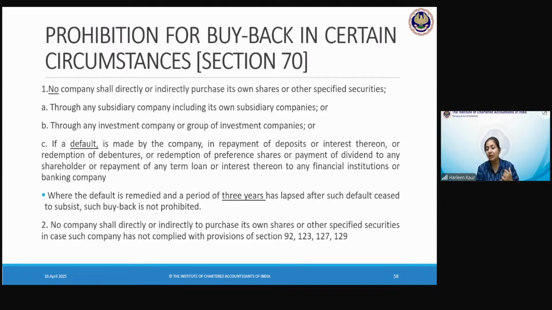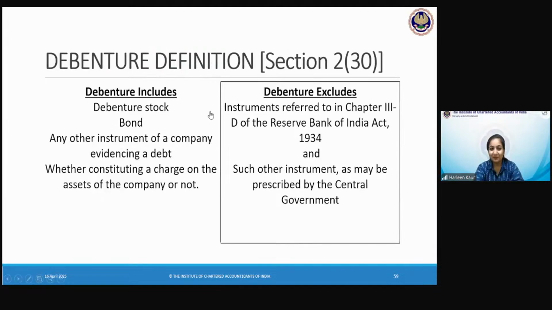So you have to make good the loss. First, you rectify your mistakes, and 3 years should have passed, then only you can do a buyback. And what is the third category? If you are a defaulter in section 92, 126, 127, 129, 123, then you cannot do a buyback of your securities. Is that clear to all of you, my dear students?